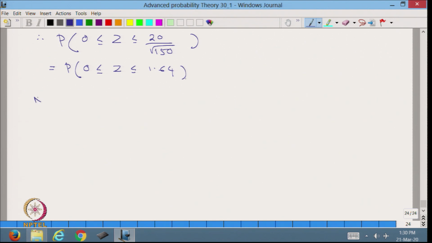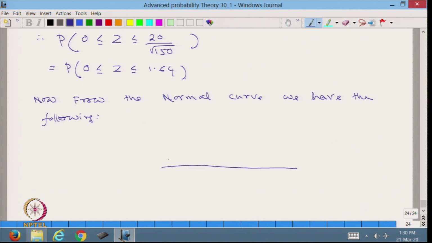Now, from the normal curve, above 1.64 the probability is 0.05.